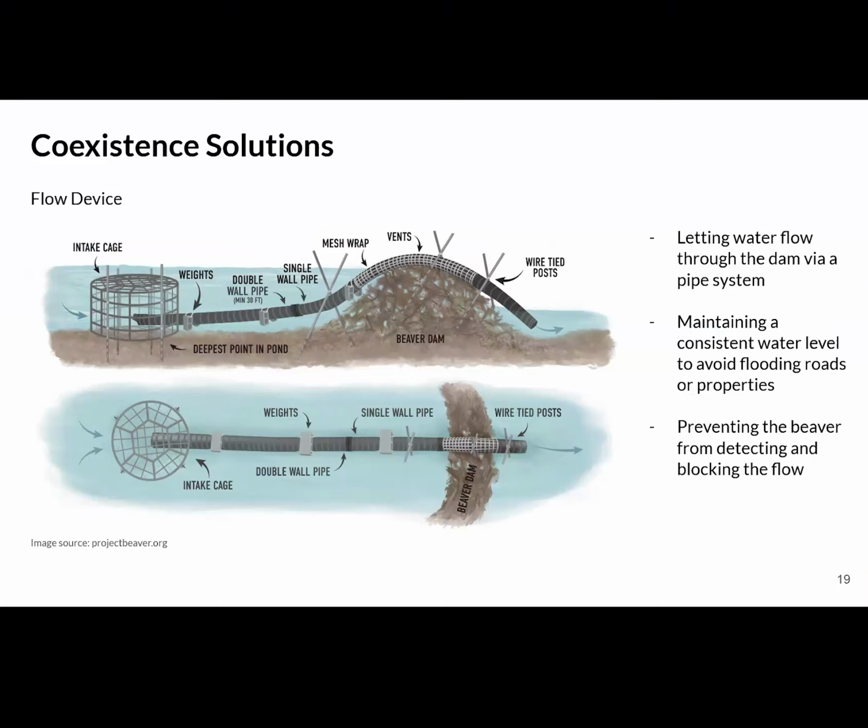Whenever they hear the sound of water, their instinct is to dam it immediately. Based on the pipe and the intake cage, they're not able to detect that sound, so they're not going to cause more problems. And you can actually set the height that you need for the water level, depending on your wetland area.